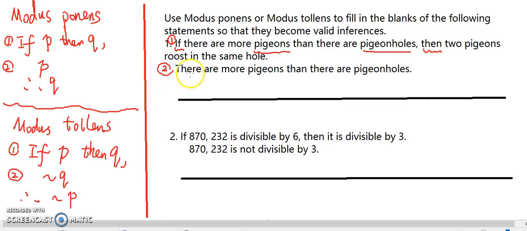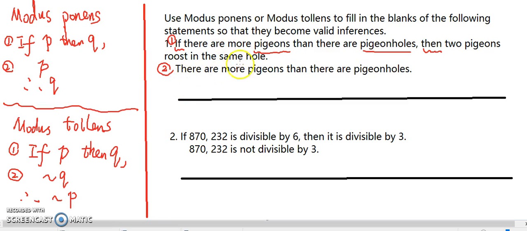Now the second one says there are more pigeons than there are pigeonholes. This is a fact. So number one is sort of a principle, and number two is a specific situation where you counted and you have more pigeons than pigeonholes.